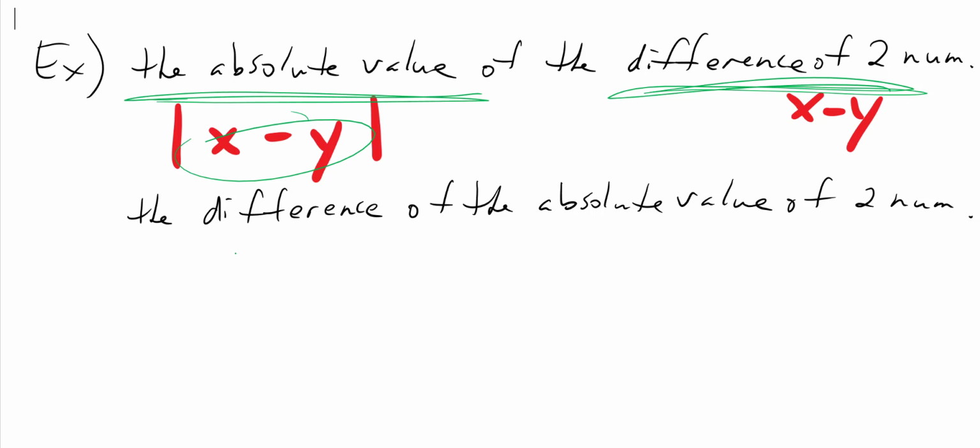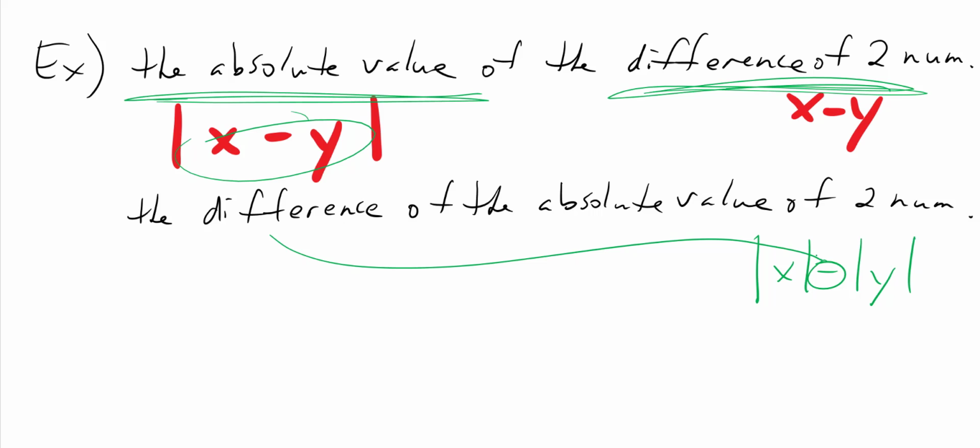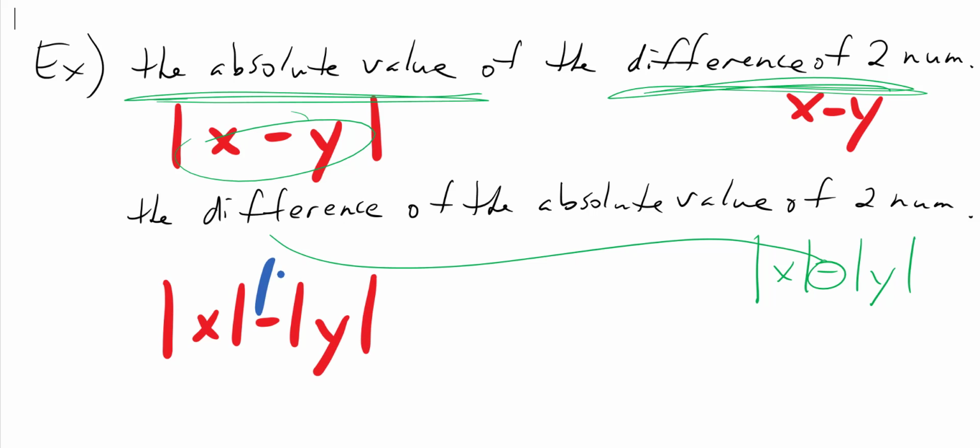This one, I'm saying the difference of the absolute value of 2 numbers. So the absolute value of 2 numbers and then the difference. So that is my answer. It looks like this: absolute value of x minus absolute value of y. It's the difference, right here, of the absolute value of 2 numbers.